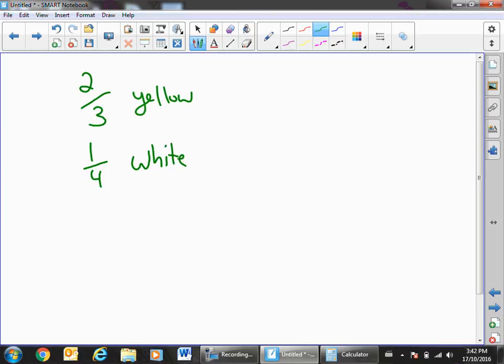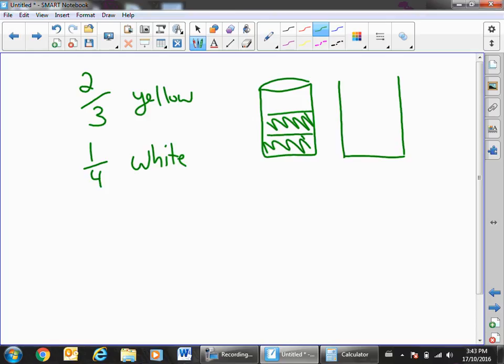Let's imagine that this is 1 can of paint, and 2/3 of it is yellow. If you imagine we divided that in thirds, that would be 2/3 of the can. And then the other can, we can imagine it's divided into fourths. He has 1/4 of a can.